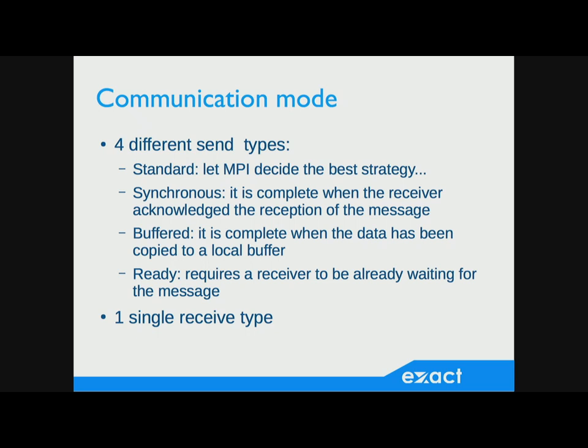Then you have buffered. This is something like a WhatsApp communication that you send out, okay? You see that the message was correctly sent out because you have the double tick, but not green, and then you see the double tick green when you read the message. But the message is out on the net, correct?